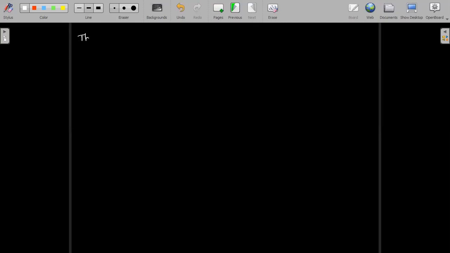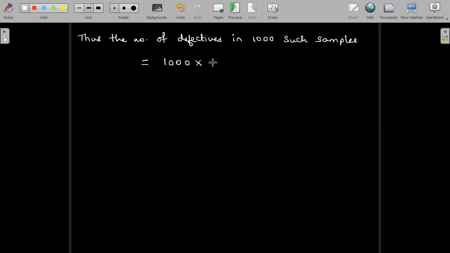Thus the number of defectives in 1000 such samples is given by 1000 into 0.323, which is 323. So 323 is the total number of defectives in 1000 such samples. That's how the solution can be understood.